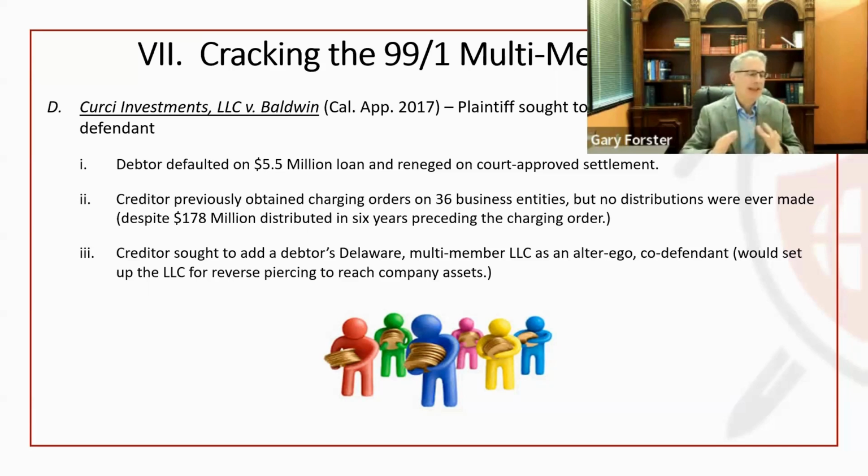And the case was such that Kirchie wanted to get into Baldwin's family holding company, a Delaware family holding company with several $100 million. So the case starts, and Baldwin stops making distributions from the family holding company, which is the charging order issue. So if you get the charging lien and there's no distributions, there's nothing to get.